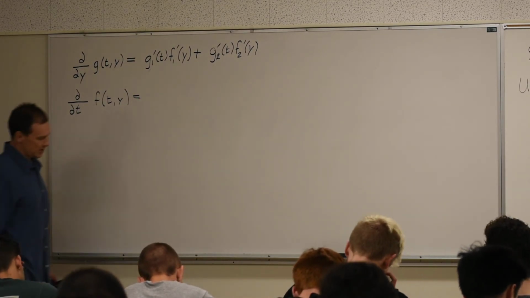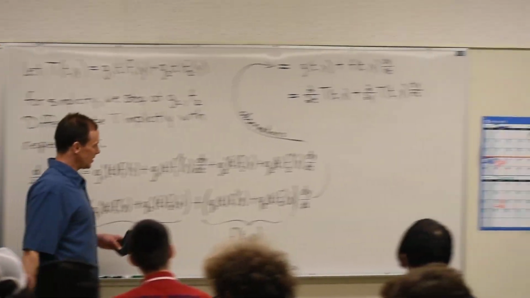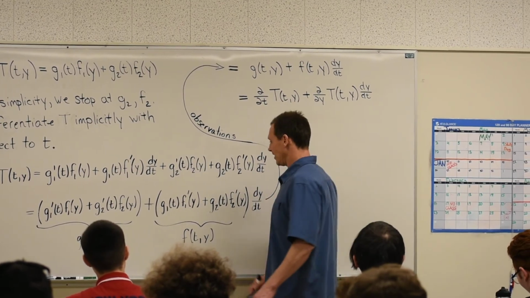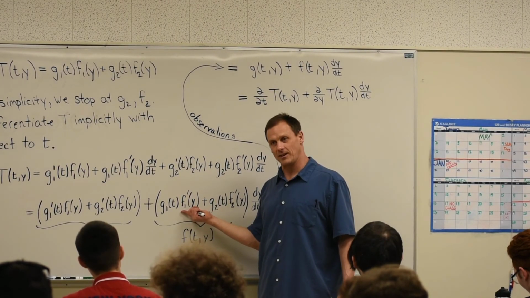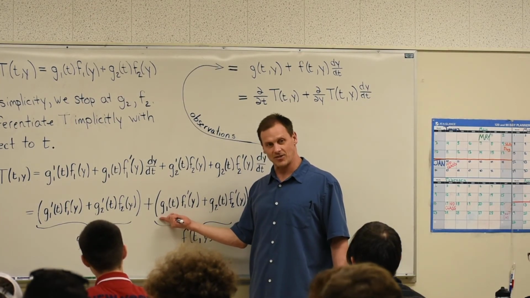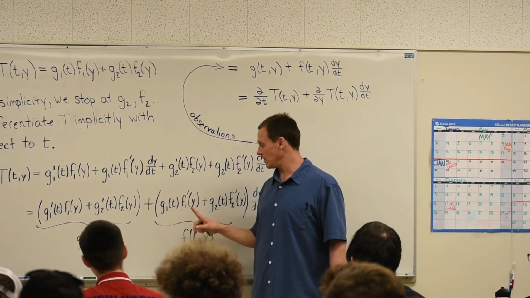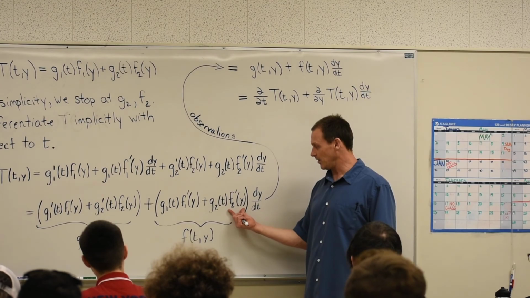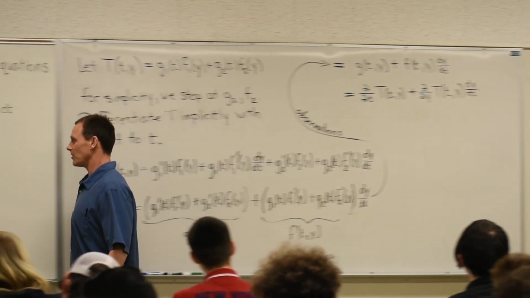Okay, so now f1 prime of y is just a constant. So all you have to do is take the derivative of the t function. So this just becomes g1 prime of t plus, again, a constant, g2 prime of t. That's our result.